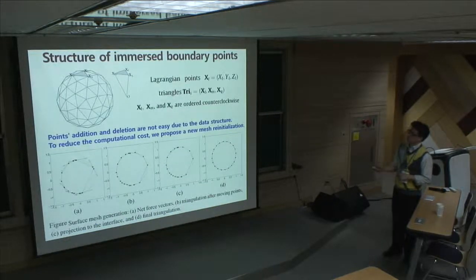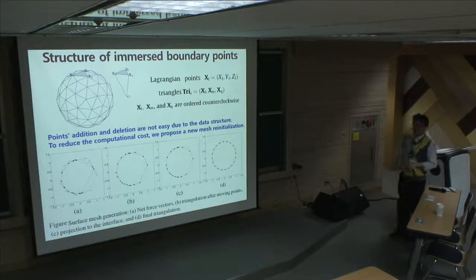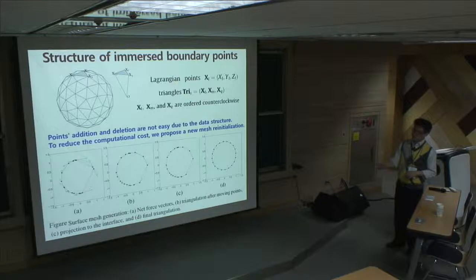So this is the illustration of the surface points. This is not uniform, and then we apply the remeshing algorithm. Initially there is a non-uniform distribution of the surface points, and then we redistribute them and keep the original shape.